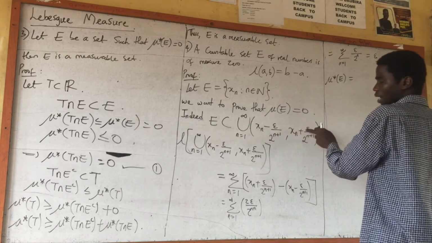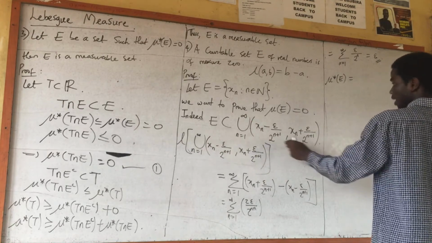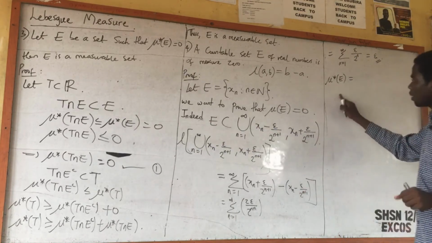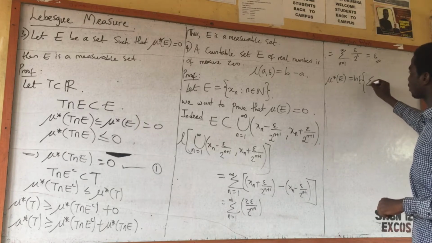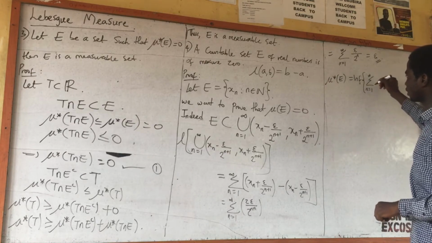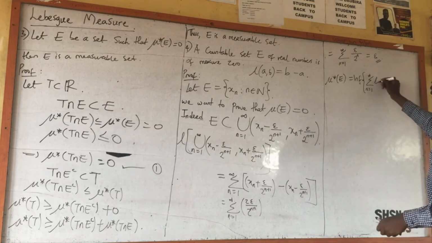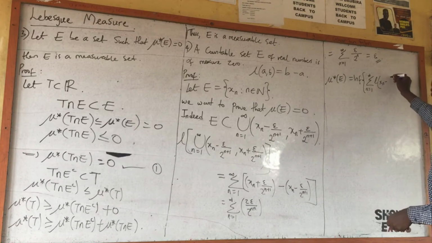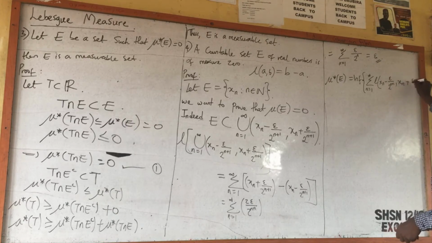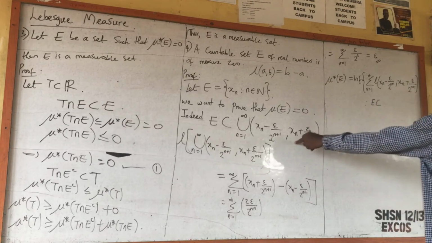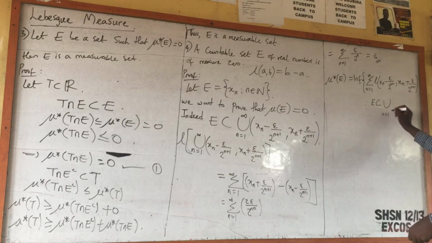Don't forget, this is the open cover, the open set that covers E. The outer measure of E, from the definition, is the infimum of the sum from n equals 1 to infinity of the length of the interval (xn minus epsilon over 2 raised to power n plus 1, xn plus epsilon over 2 raised to power n plus 1), such that E is inside the union from n equals 1 to infinity of these intervals.